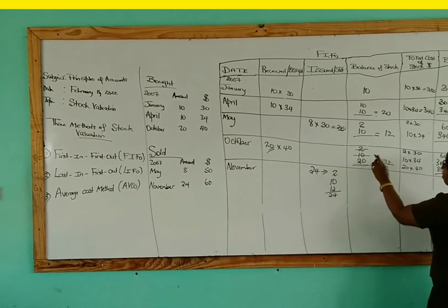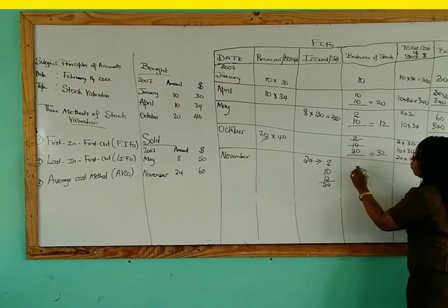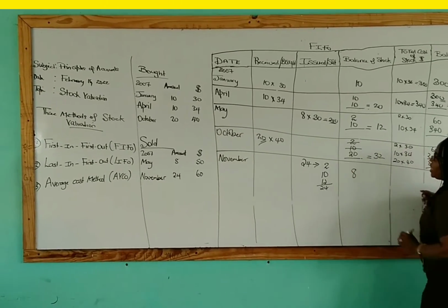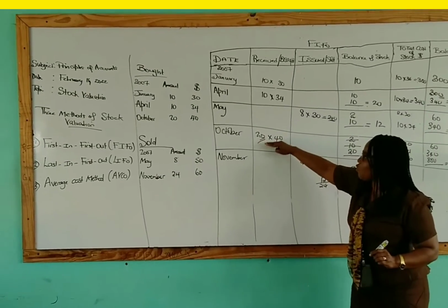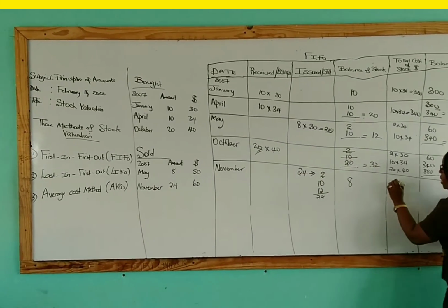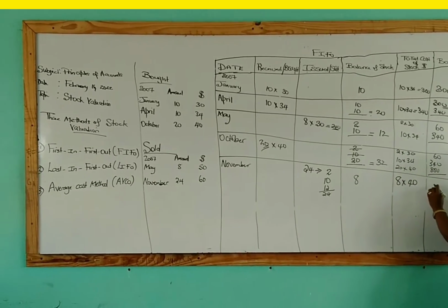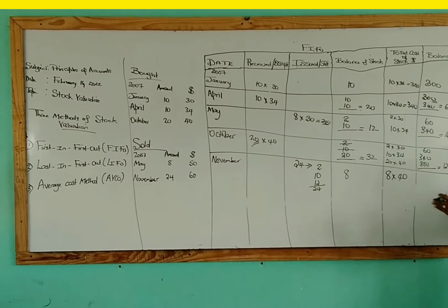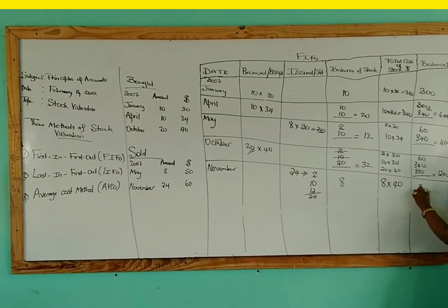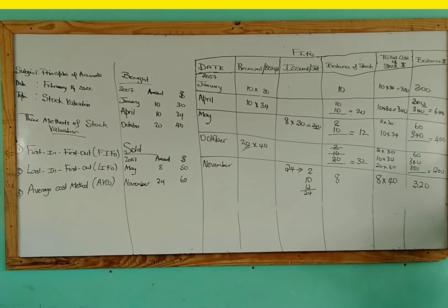That means 20 minus 12, we have 8 goods remaining. And the 8 goods are the last set of goods, which is at 40. So we have to multiply the 8 times the 40. So the 8 fours is how much? 32. 8 and 8, 16, and 32.